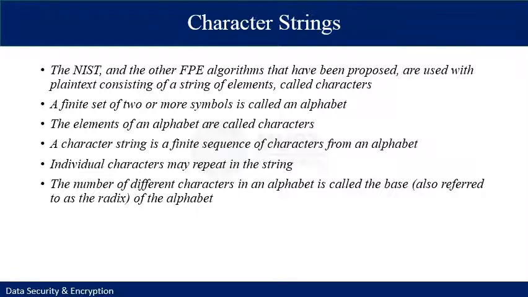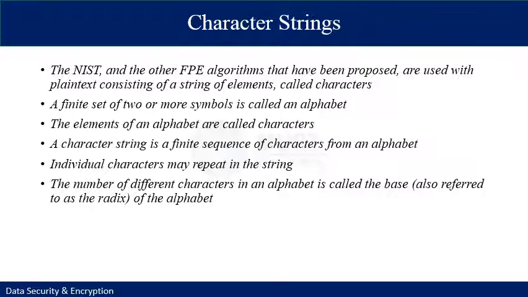There are some algorithms which require character strings. So the NIST and other FPE algorithms have been proposed that also use plain text consisting of a string of elements called characters. A finite set of two or more symbols is called an alphabet, and the elements of the alphabet are again called characters.